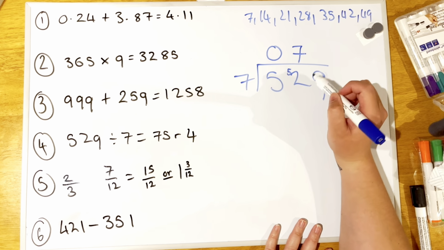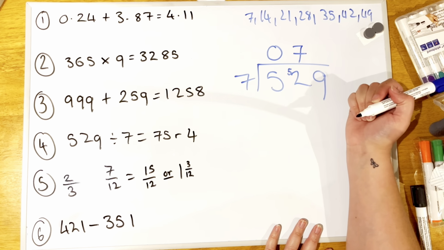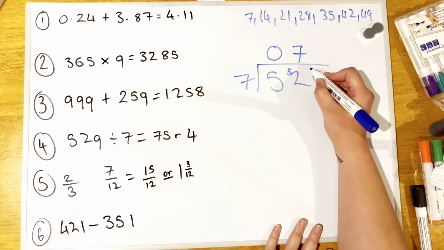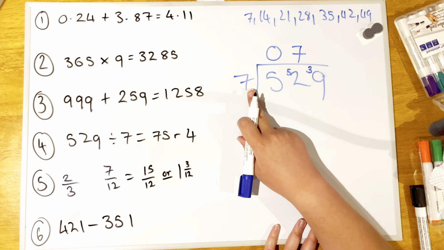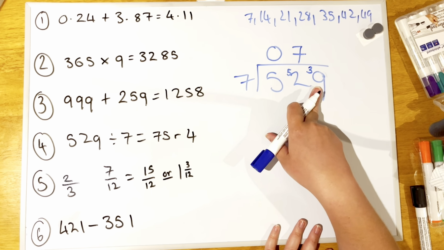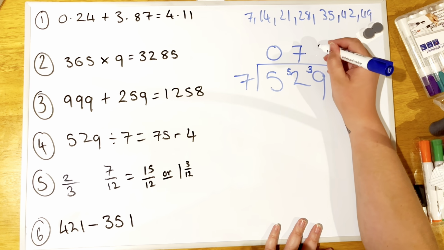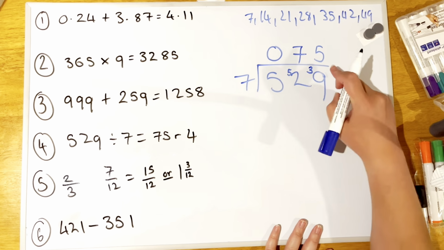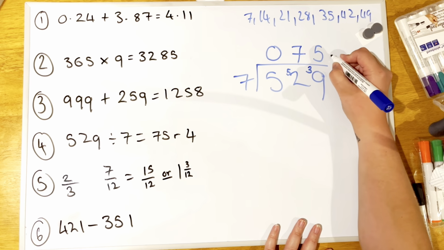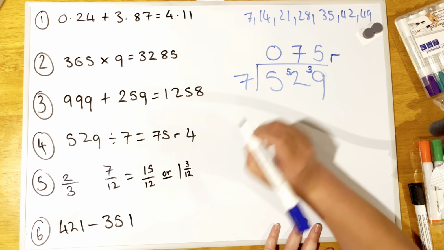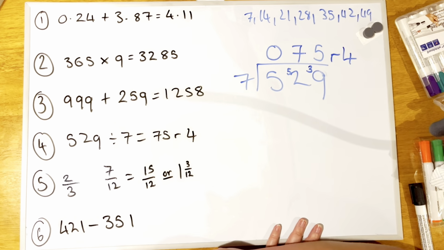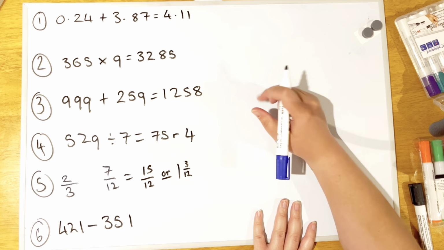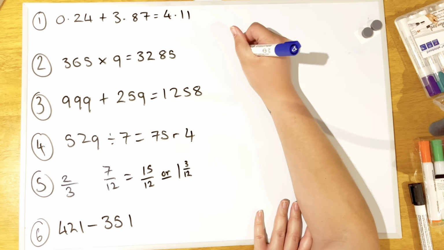We landed on 49, so we've got to carry some over. We need to carry over 3. So now, how many 7s go into 39? 5. Okay. Did we land exactly on 35? No, we didn't. We put an R to show our remainder. Remainder 4.